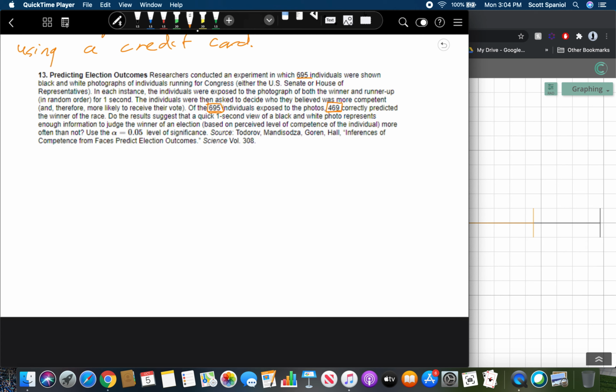So for me, this says, do the results suggest that we can pick out the winner of an election more often than not? Well, more often than not would be a majority of the time, which would be 50% of the time. So for me, the null hypothesis is that P is equal to 50%, 0.5, and H1 is that P is greater than 0.5, and we can use a 1-prop z-test to examine this.